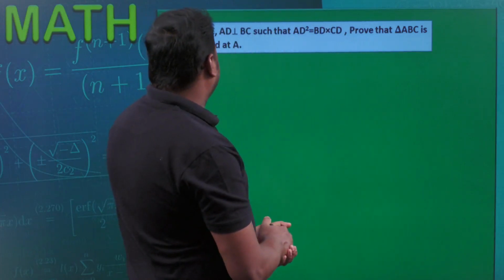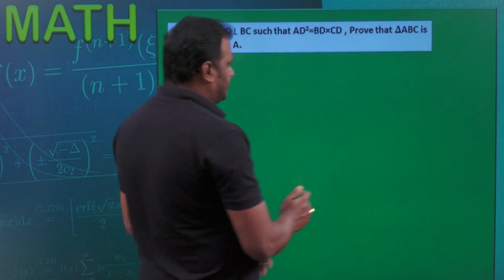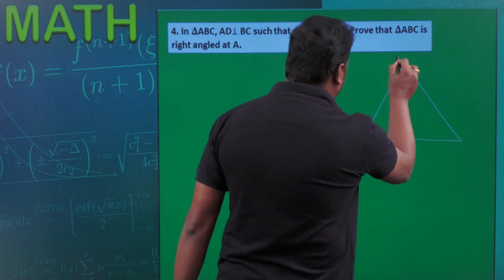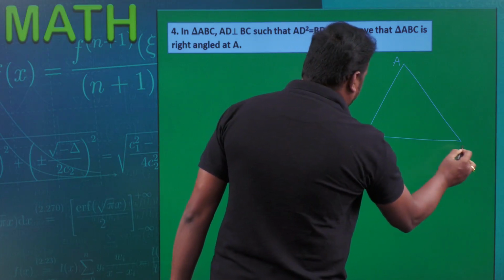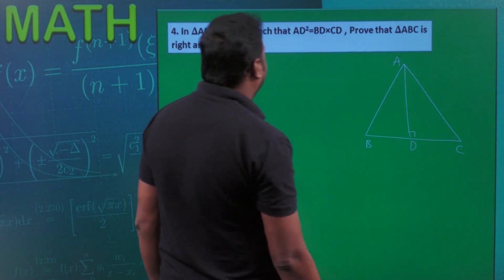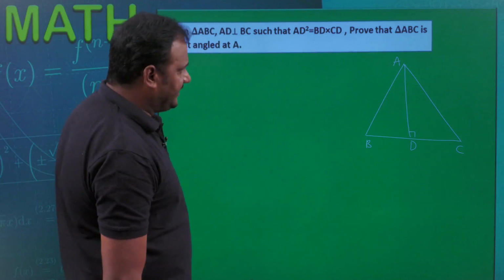Coming to the next problem: in triangle ABC, AD is perpendicular to BC and AD square is equal to BD into CD.